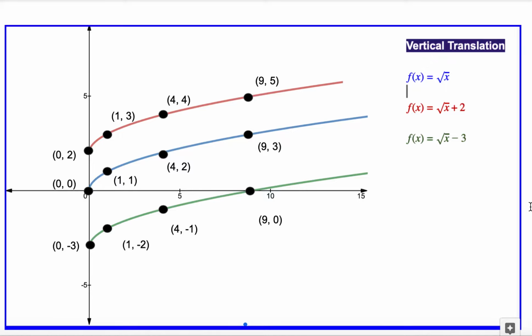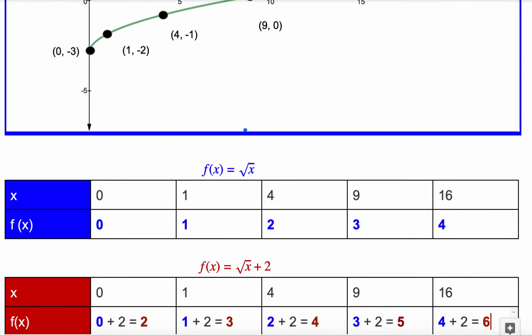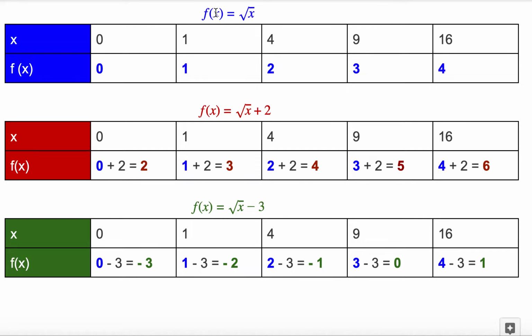But if we want to look a little bit at how it looks, for example, with tables, when we created the table, we have this scenario here. Let's say we have 3 functions. We have a parent function, f of x equals square root of x, a red function, and a green function.